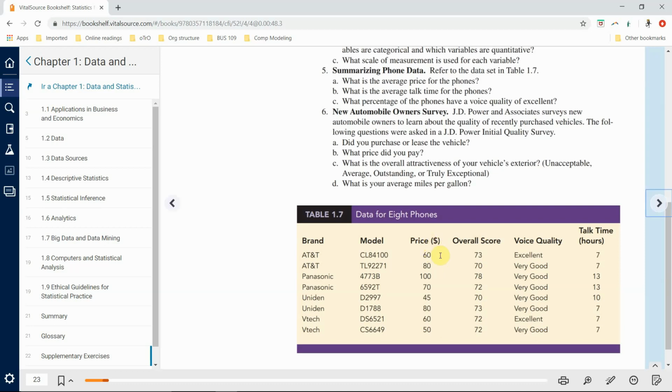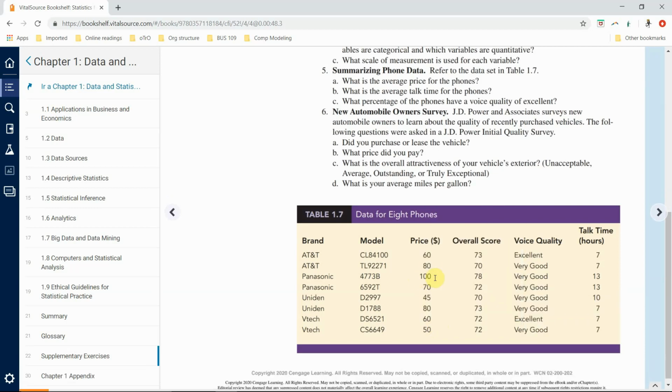If the price of something is $0, that means it's free. It means something to be worth $0. Also, when you multiply or divide, that has meaning. So here we can say that this VTech is half the price of the Panasonic phone. So this would be ratio data, ratio scale of measurement.